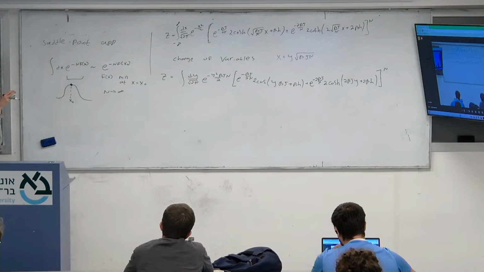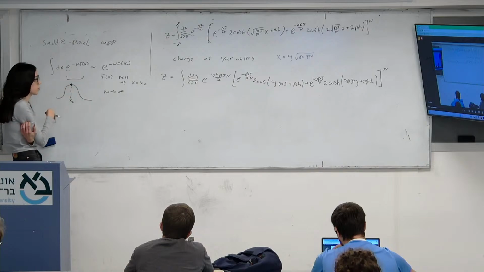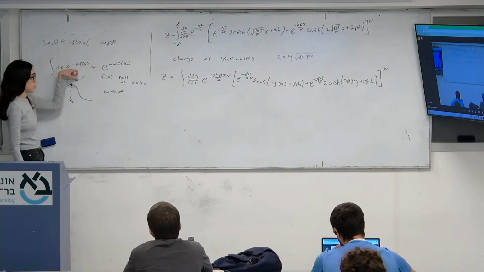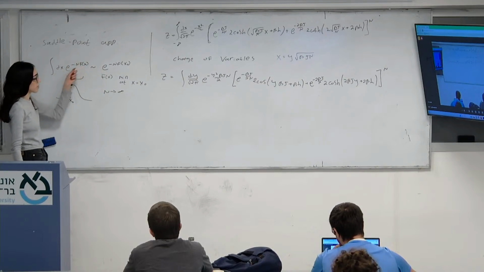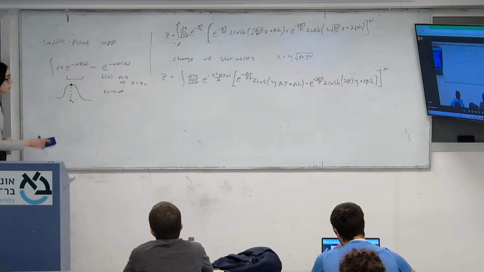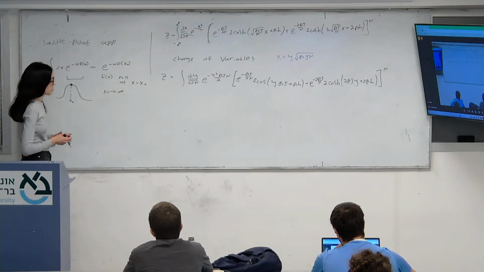So this is like what happens in a delta function, which is the extreme case. Basically you get it by taking the Taylor series of f of x, and then this will just give you the first order. So this is the saddle point approximation.